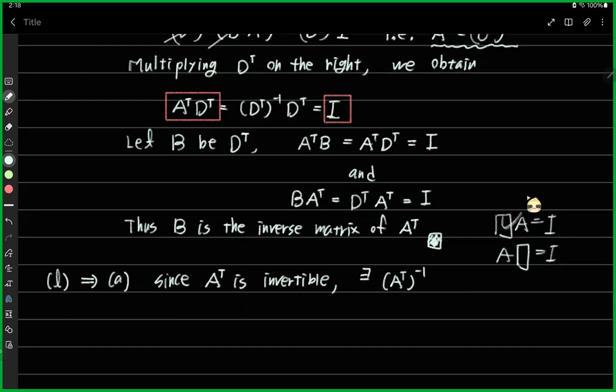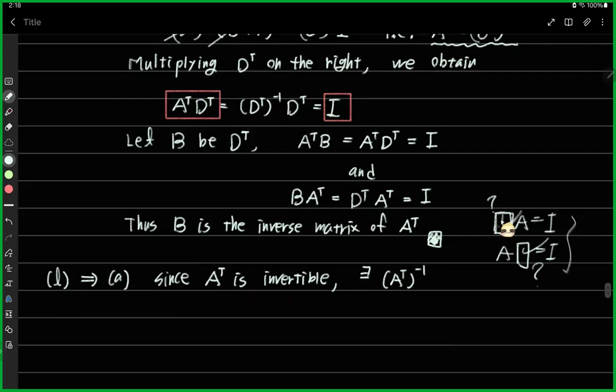So we've got to find out this. What matrix makes this one true? I think that matrix must be A transpose inverse, such that A transpose times A transpose inverse is equal to I. It's true, right?